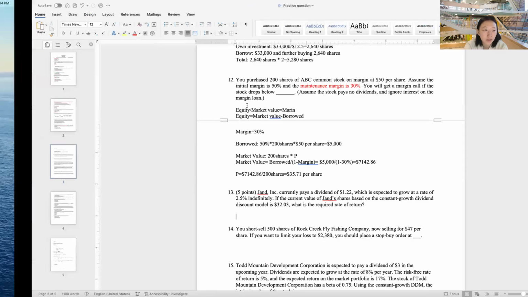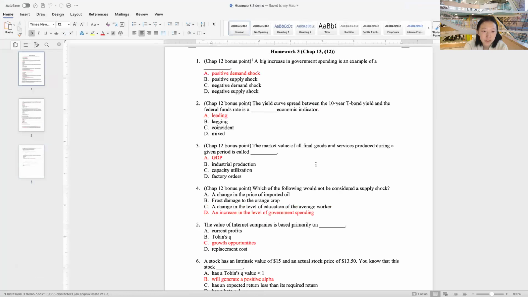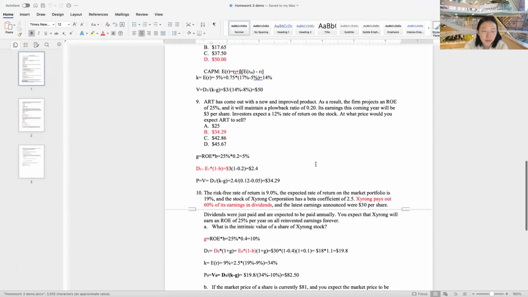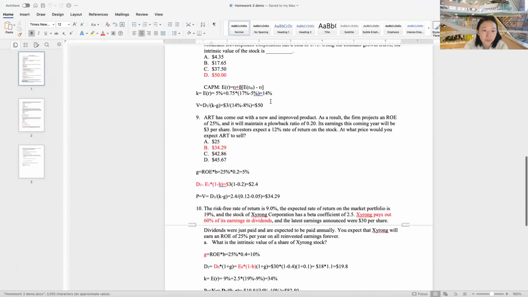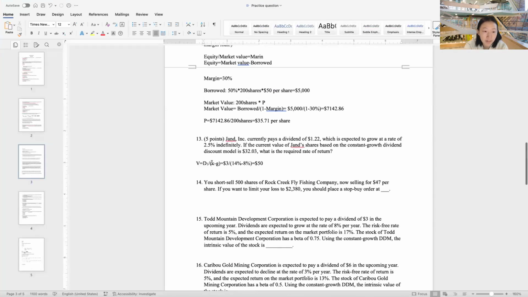I need to open up the formula from question 3, homework 3. The formula is the dividend discount model, looks like this.